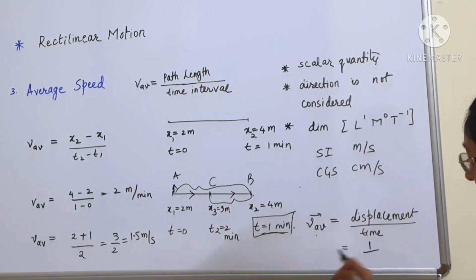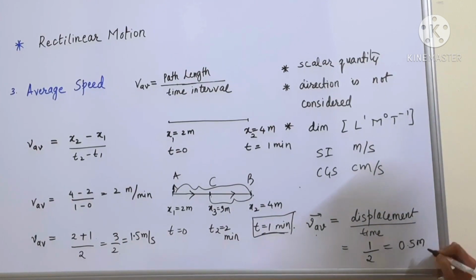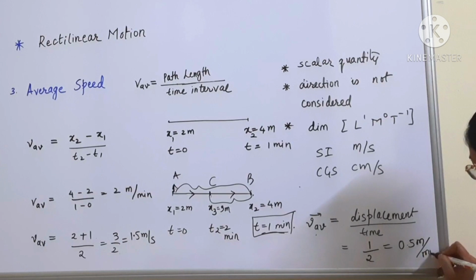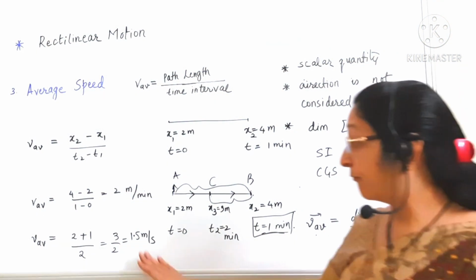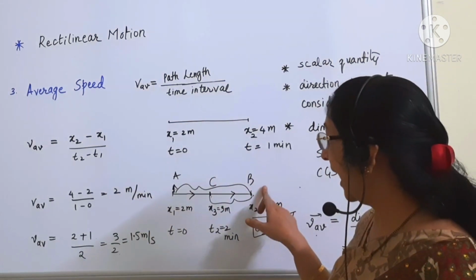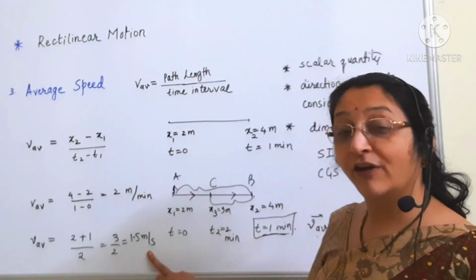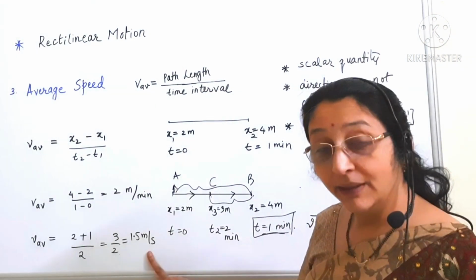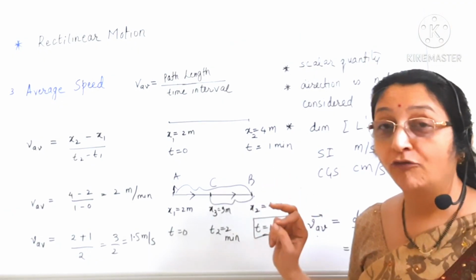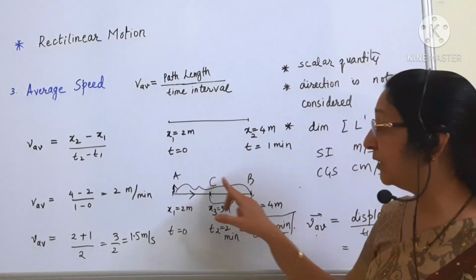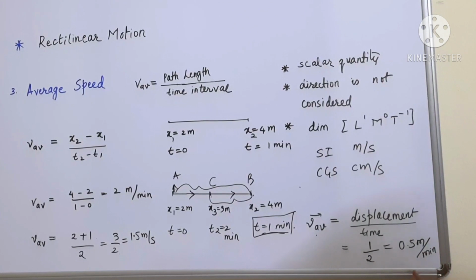So, 1 upon 2 is equal to 0.5 meters per minute, which is the average velocity. So, when the particle is moving from A to B and from B to C, the average speed is 1.5 meters per minute. Similarly, when the path is the same, the average velocity is 0.5 meter per minute.